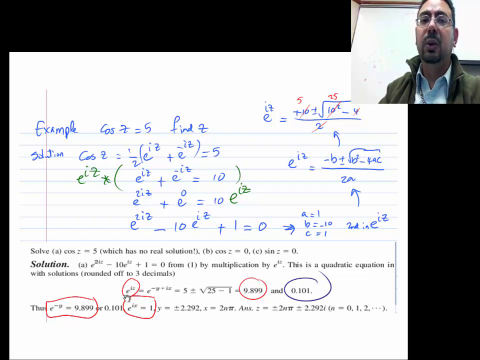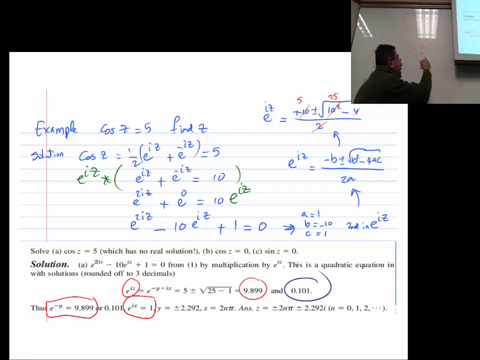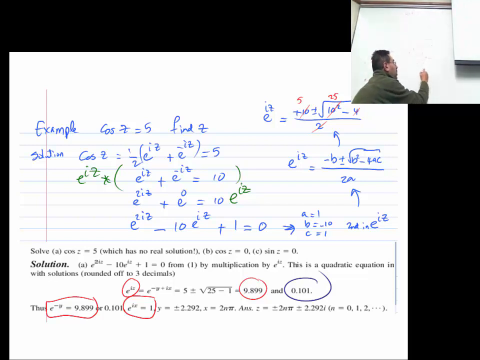So when you look at this, you are saying e to the power iz, which is e to the power x plus iy, sorry, multiplied by... e to the power iz is e to the power ix plus iy, which is e to the power minus y plus ix, which is e to the power minus y multiplied by e to the power ix.